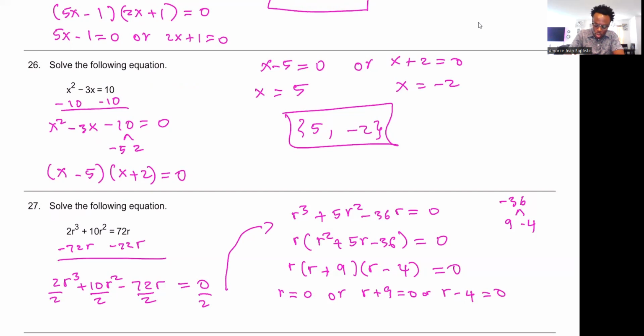This one is r equals 0, this one will be r equals negative 9, and this one will be r equals 4, and your solution set is 0, negative 9, and 4.